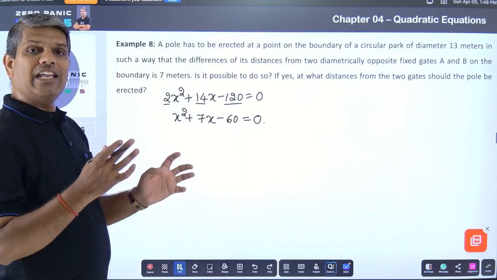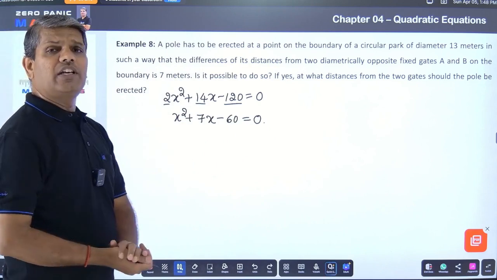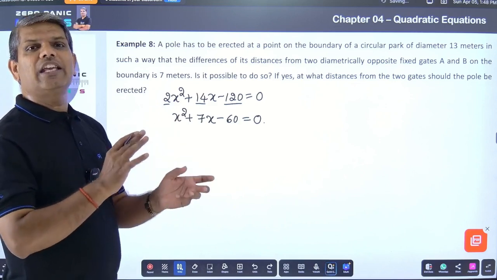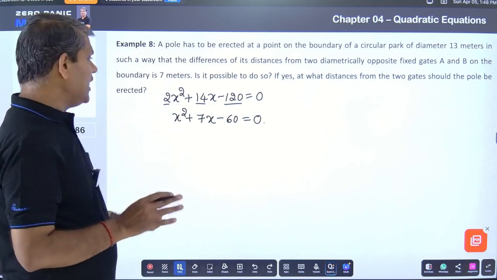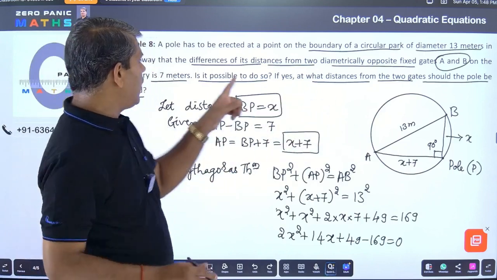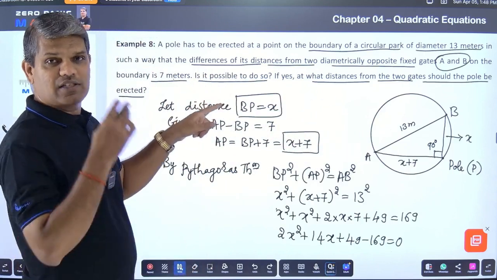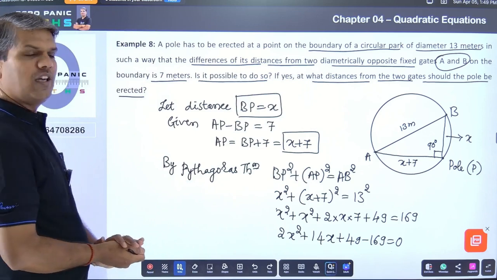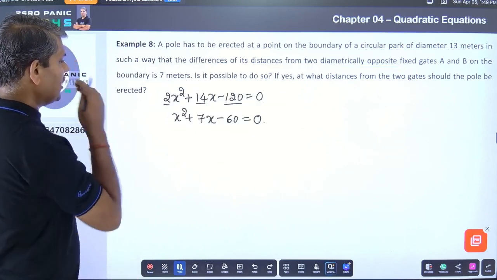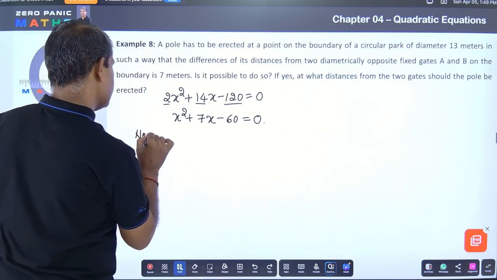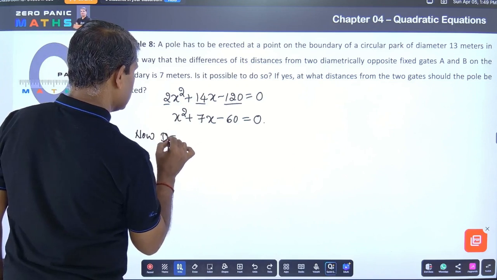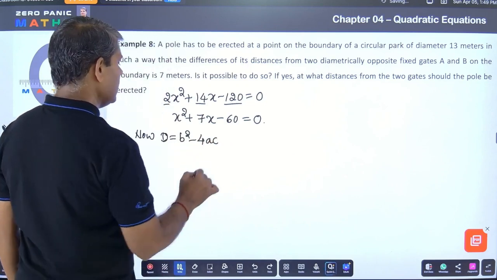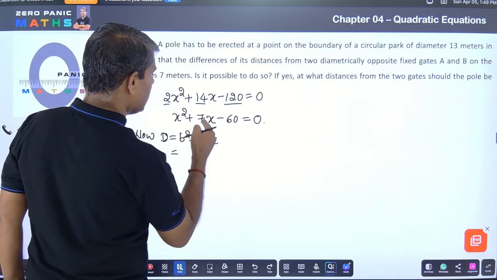First of all, I derived the quadratic equation. Now we need to find the discriminant and check whether the roots are real or not. If the roots are real, then this situation is possible. That is the answer for the first part. The second part is to find the actual values of the roots. Now let us find the discriminant. Discriminant D is equal to b square minus 4ac. What is b here?